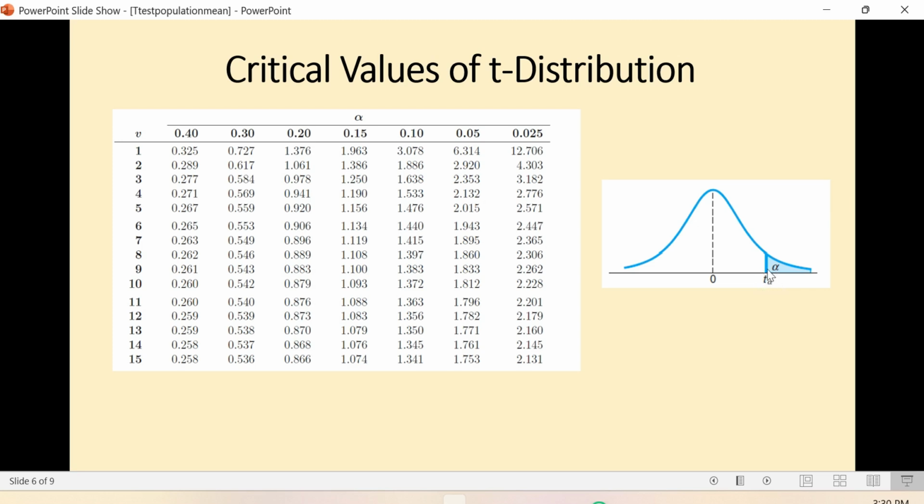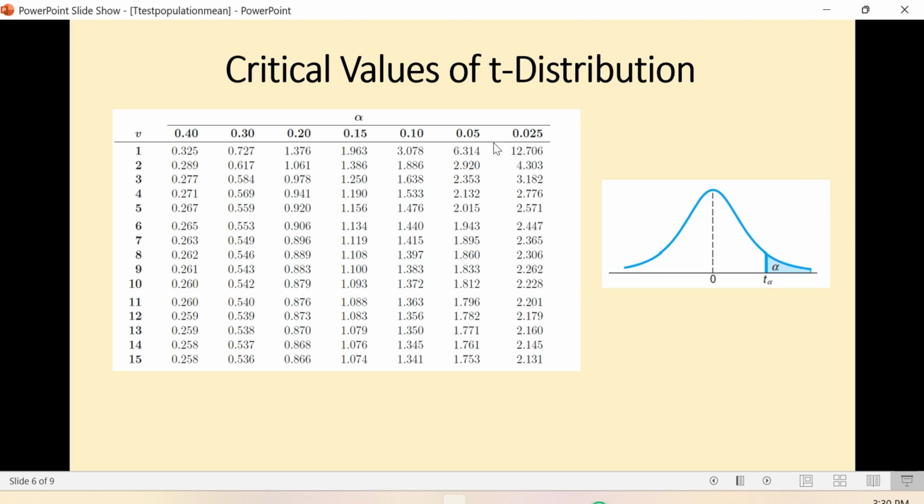Then we get the sample statistic t-value, and if the probability on the right side of the t-value is smaller than the alpha level, then we reject the null hypothesis that the population mean equals mu. This table gives the critical t value for different alpha levels.